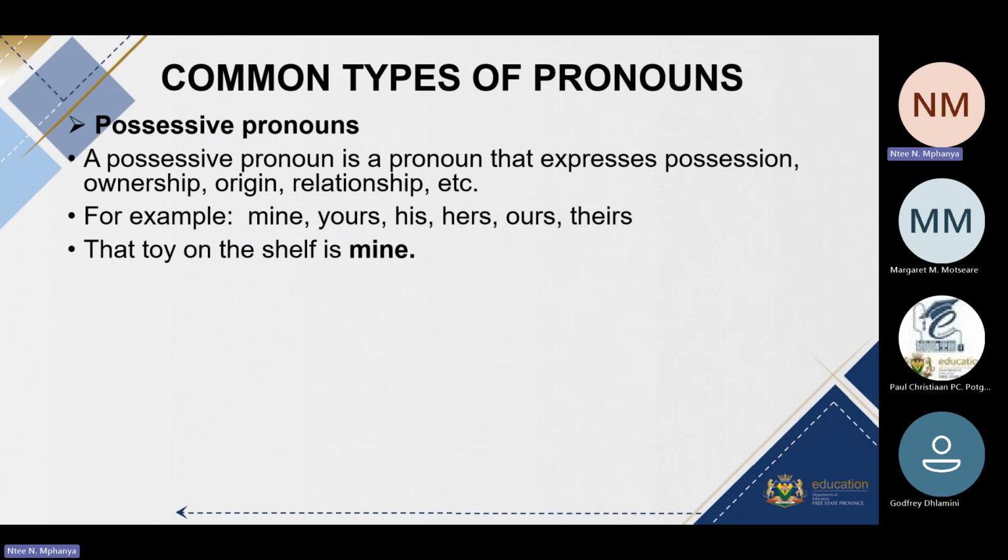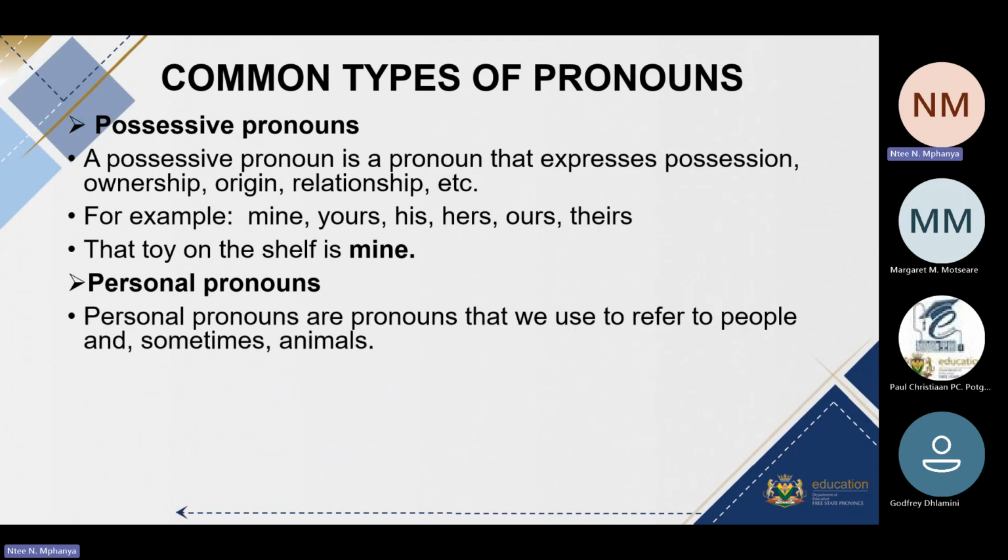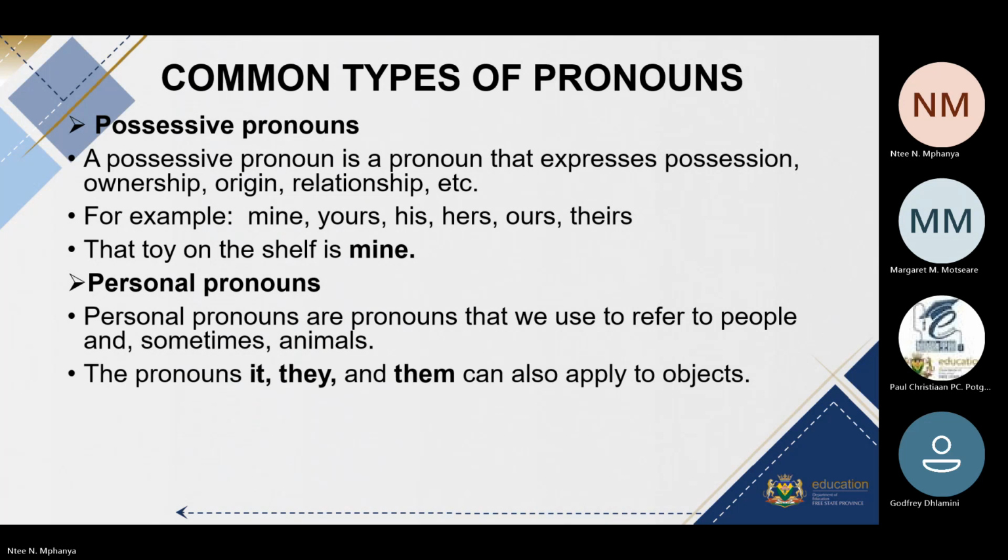How is it used in a sentence? That toy on the shelf is mine. That is possessive, "is mine." I own it. Then we have personal pronouns. Personal pronouns are pronouns that we use to refer to people and sometimes animals. The pronouns it, they, and them can also apply to objects.